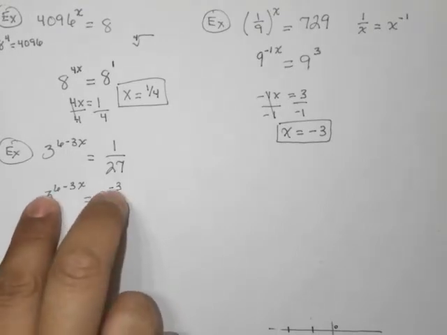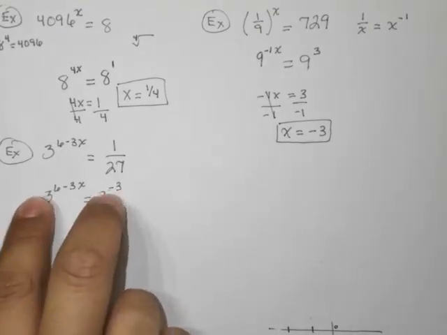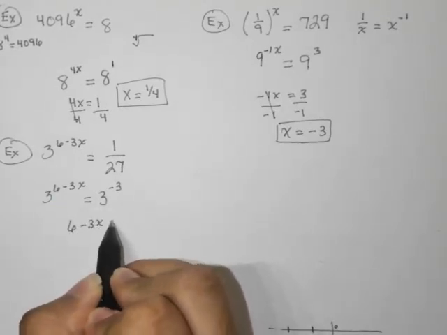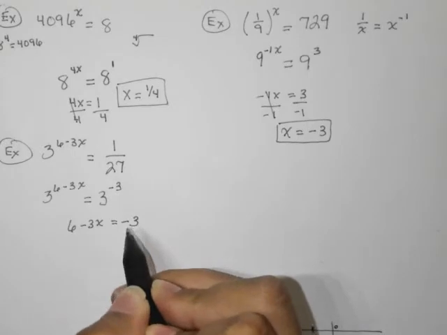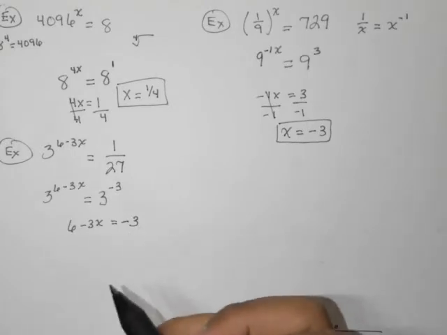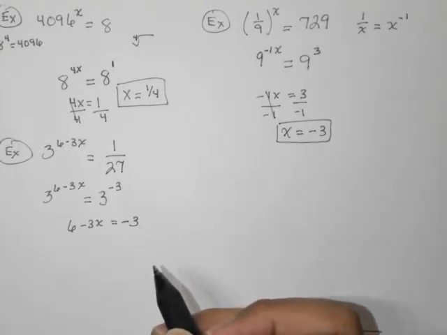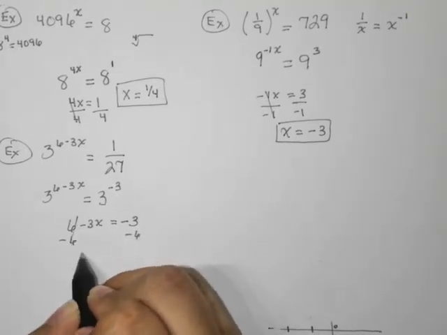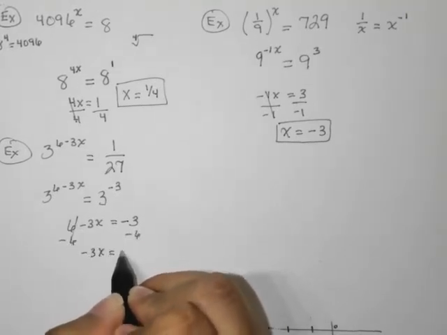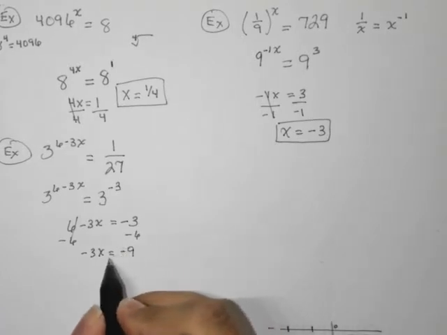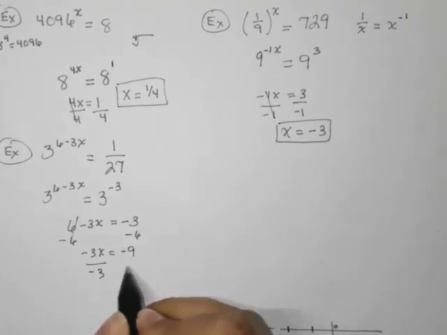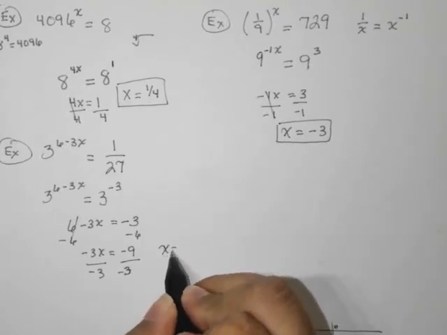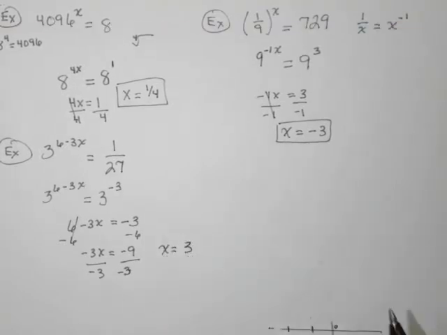So now the bases are identical, 3 and 3, and we can equate the exponents. So we're going to say 6 minus 3x equals -3. And then we solve again an elementary equation for x. Subtract 6 from both sides, we get -3x equals -9. And then finally we divide both sides by -3, and we get x equals a positive 3.